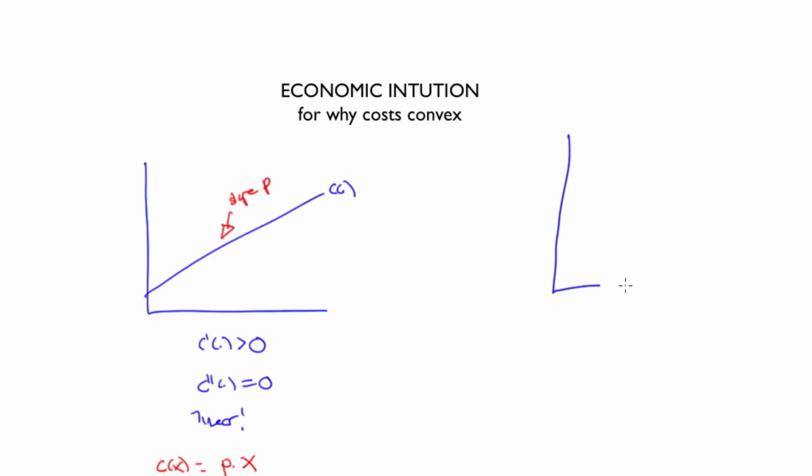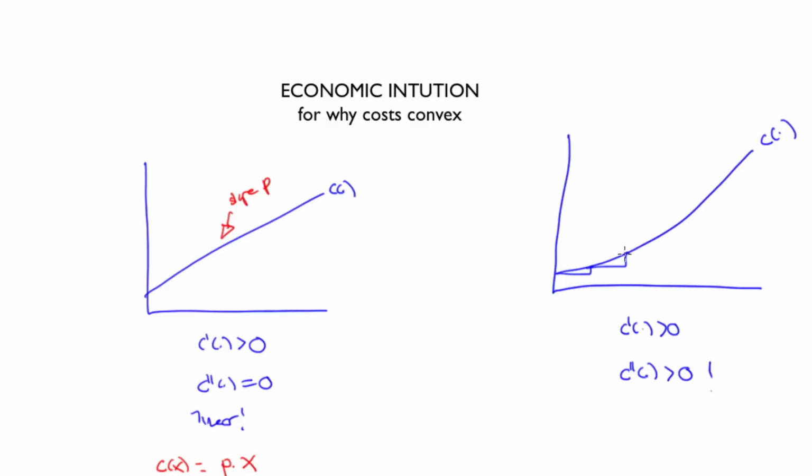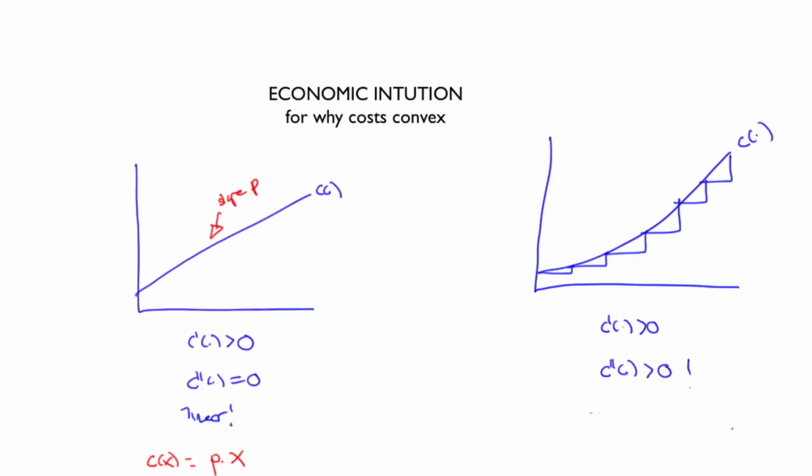There are also many economic cases in which the cost function may look like this, in which case the first derivative, as before, is greater than 0. Every additional unit of action x that gets taken costs more money, and the second derivative is greater than 0. In other words, every subsequent unit that gets produced, notice how the slope is increasing, costs more and more to produce. In this particular case, the cost function is strictly convex.